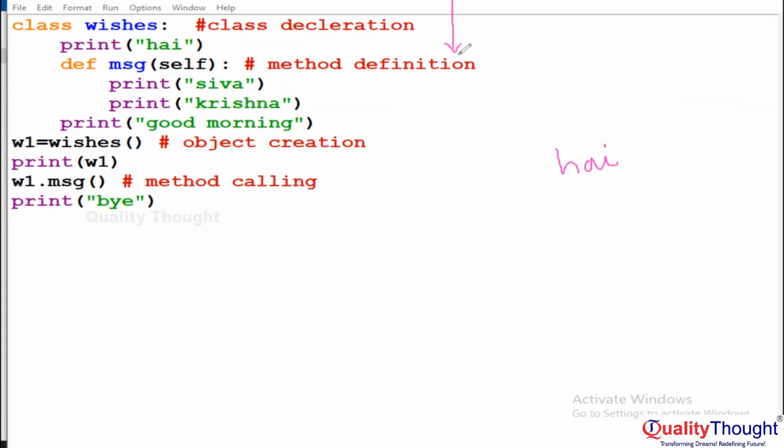Next control goes to the statement. Now which statement is this? Method definition. Then immediately control will go outside the method definition. Okay, this is the statement outside the method definition. Control will go to this statement. Now this statement is executed.